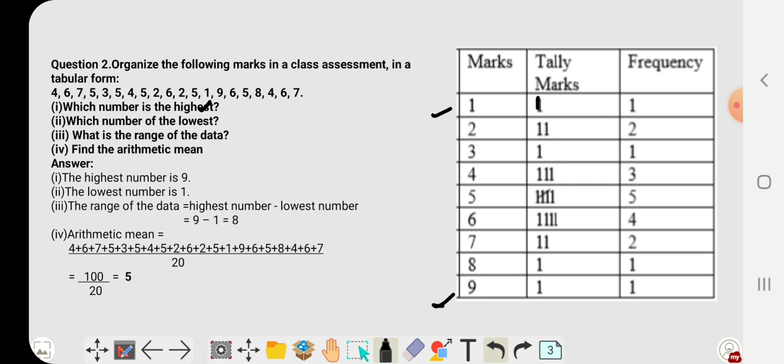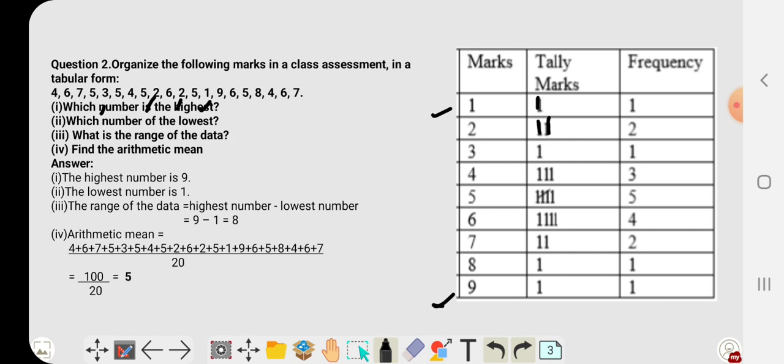Frequency is 1. Now for 2, how many times is 2 there? Two times. So we will make 2 lines here, and then we will write 2 in frequency. For 3 there is only one time here. So only one line will be here and 1 will be written.